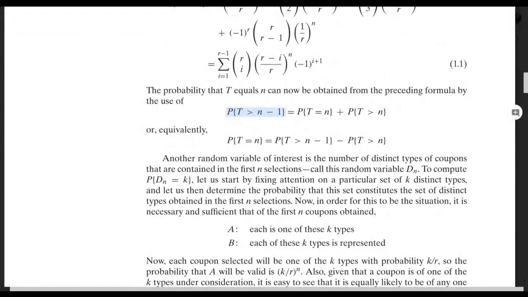The probability of T greater than n minus 1 is the probability of T equals n plus the probability of T greater than n. And the probability of T equals n equals the probability of T greater than n minus 1 minus the probability of T greater than n. Okay, this rewrites the first one.